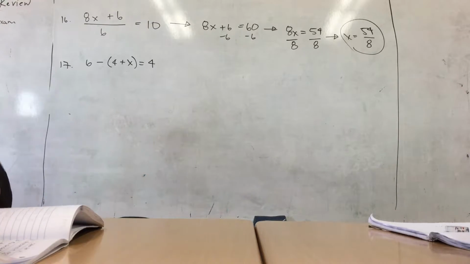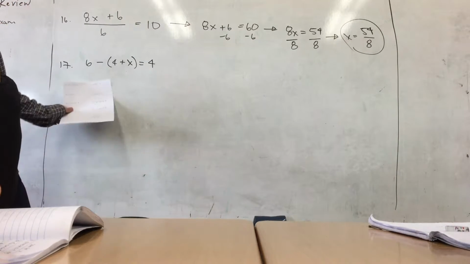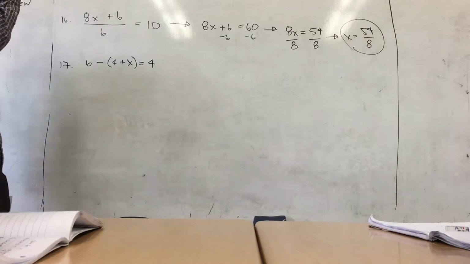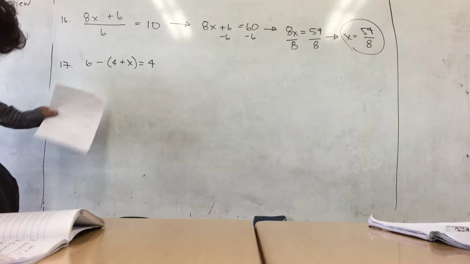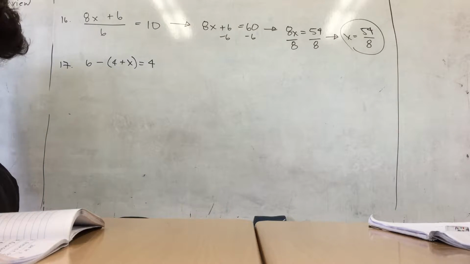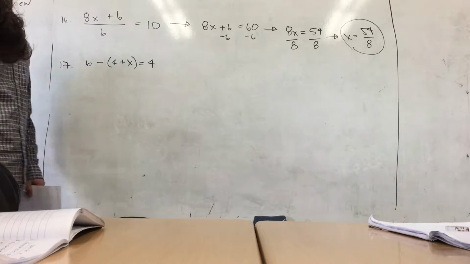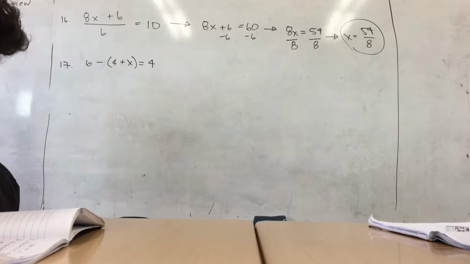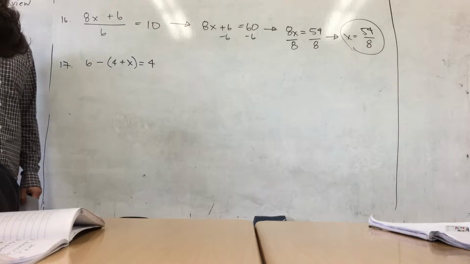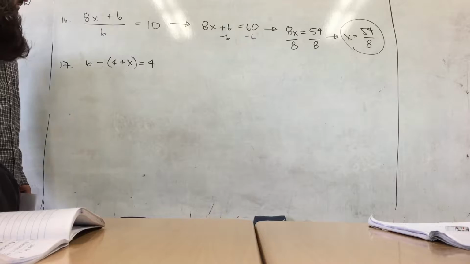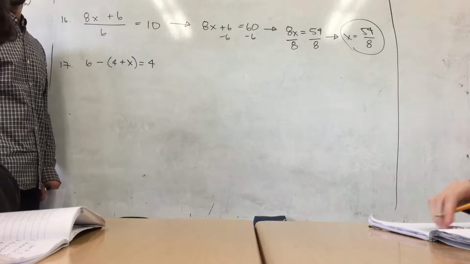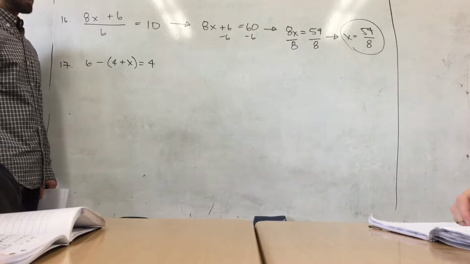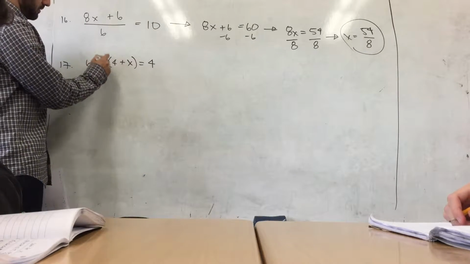So, I'm erasing something on this. Okay, somebody start me out here. Jamora, start me out here. Where do we start? With distributing. Okay, what do we distribute? There is a negative number, a -1 right here.